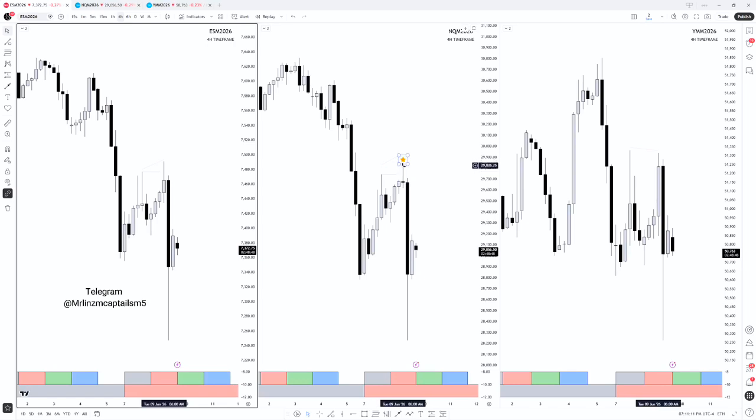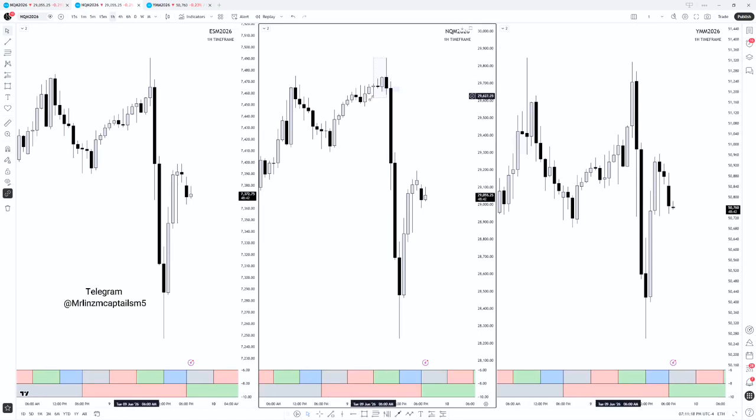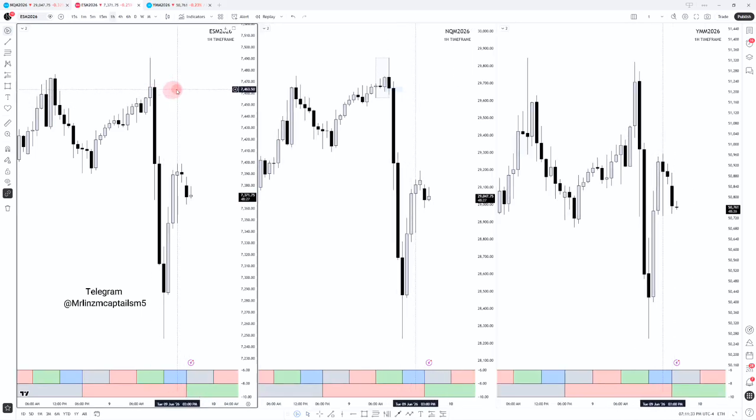And if we go from a 4-hour chart down to the 1-hour chart, specifically focusing on the Nasdaq, what do we notice was inside of the TPD candle? A 1-hour reversion level. Now, if we take a look over at the S&P, does the S&P have that reversion level?